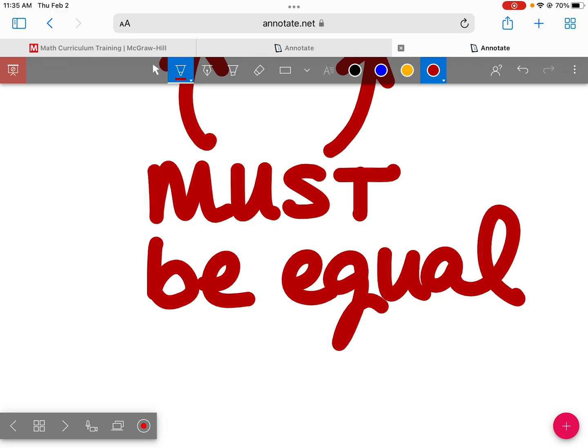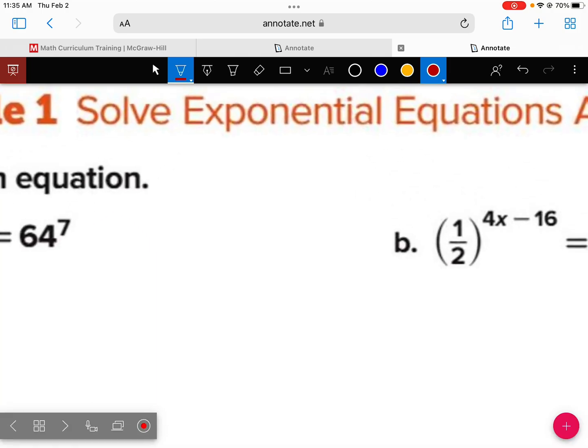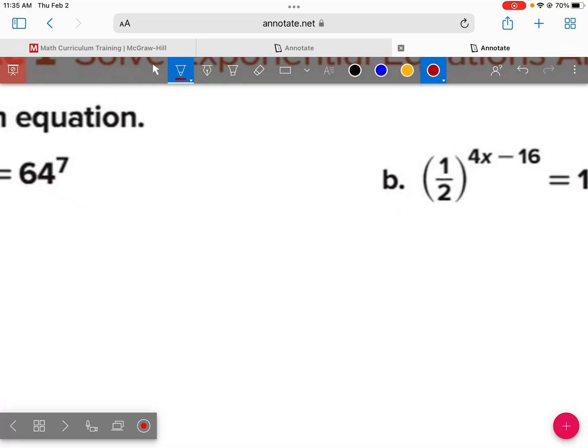I want to look at how this works with a problem. I'm going to do one in between these first so that hopefully it makes a little bit more sense.